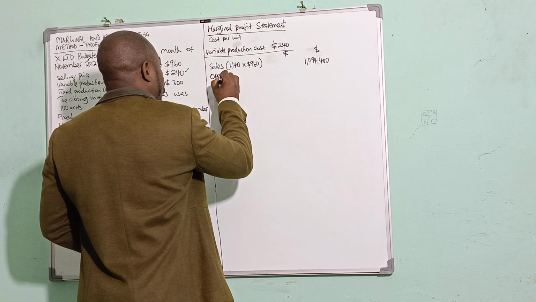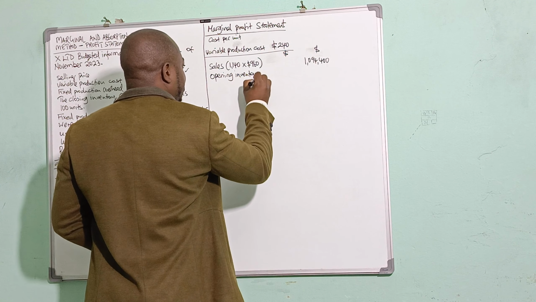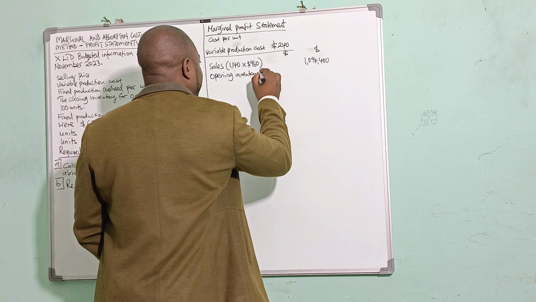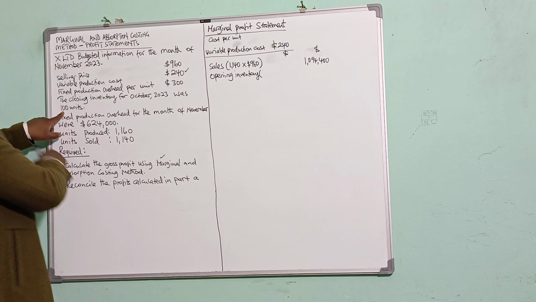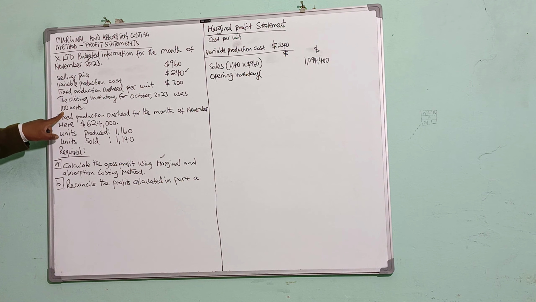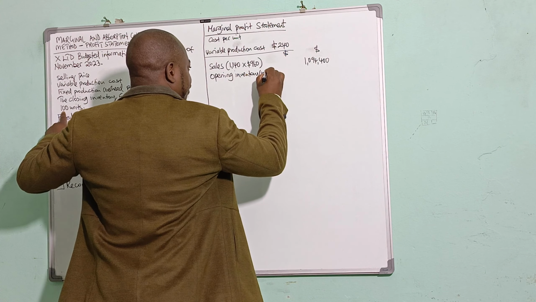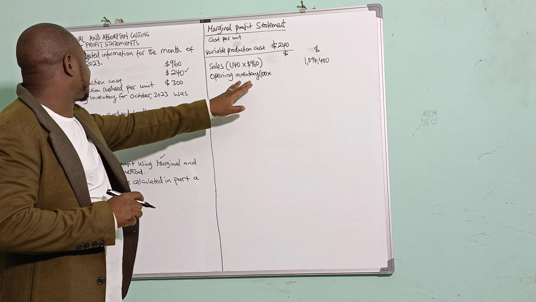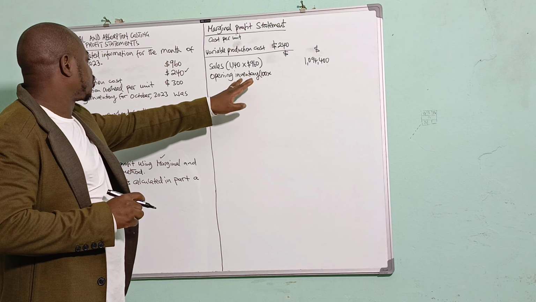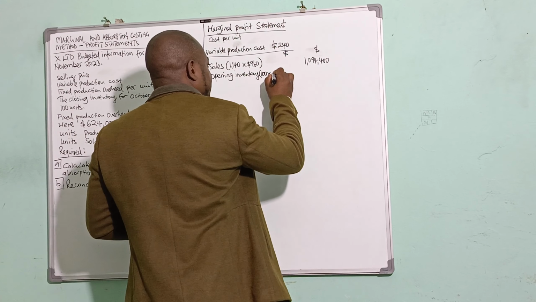In this case, our opening inventory is, as you can see, 100 units. Opening inventory, which was the closing for October, is opening for November. Now this is stock, so we value it at the cost per unit, and we've established that our cost per unit is $240.